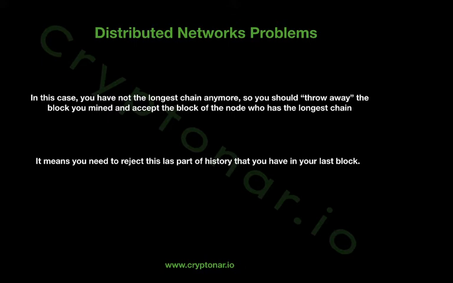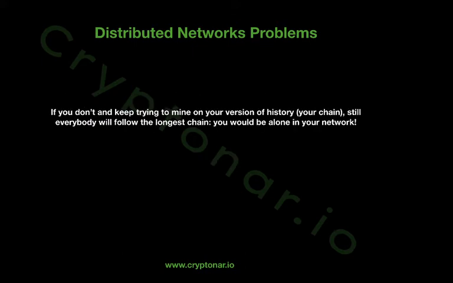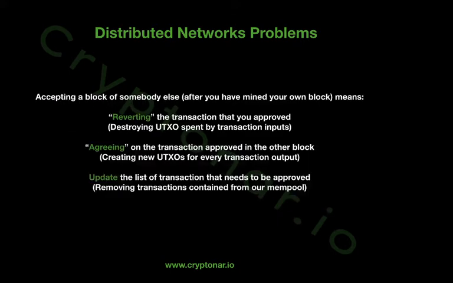So you need to reject the last part of history that you have in your last block, because nobody else is going to have it. So you really need to throw it away in order to sync with the others. And if not, like we said, you're going to stay in your own chain, where you can still have fun, but it's going to be an extremely insecure network, and nobody is going to use it because nobody is validating it. So everybody will follow the longest chain, and you will be literally alone.